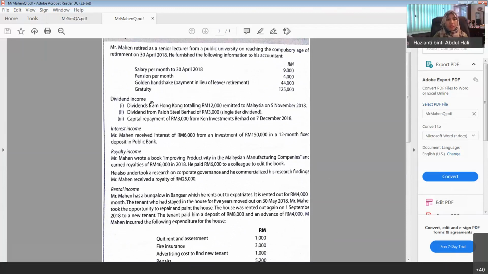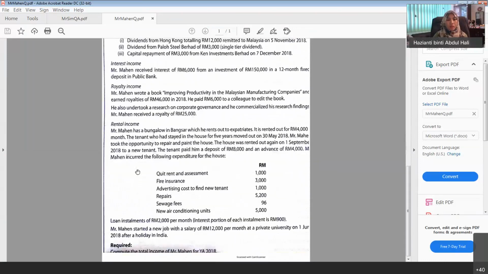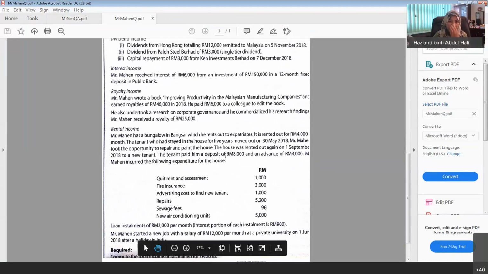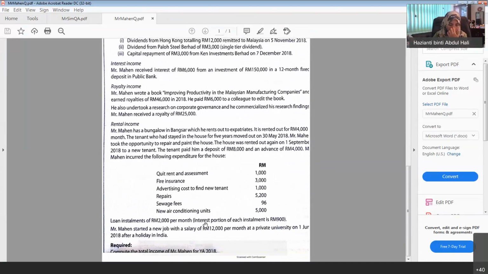So here, if you look at here, dia ada salary, dia ada dividend, interest, royalty, rental, ada loan installment. And then untuk soalan ni, I think this one saya letak dekat My Guru kan? Ada yang dah cuba buat tak soalan ni? Because this one you have to compute the total income je. Sekejap tengok.